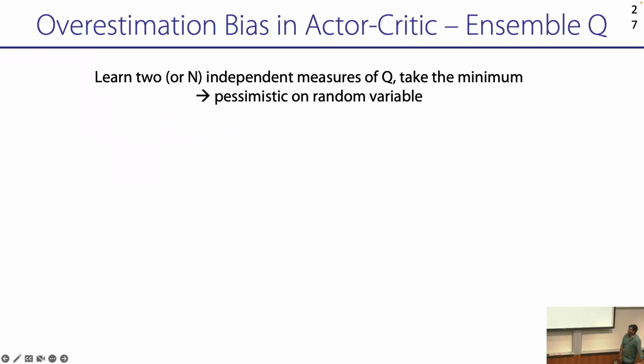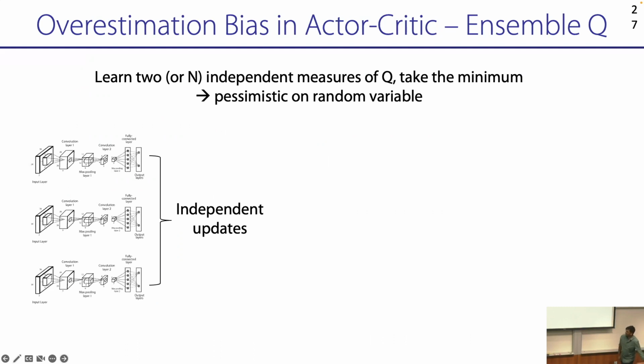Okay, so the solution that I find most compelling is just learning an ensemble of things and then trying to reduce the optimism by taking the min of the ensemble. So rather than learning one Q function, you learn n Q functions. Each of them has independent updates, so they're independently noisy.